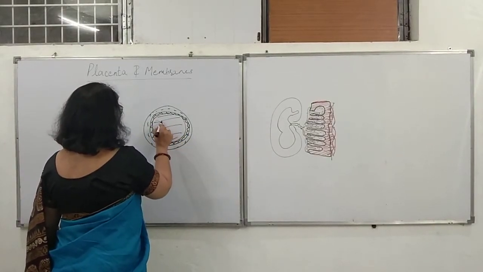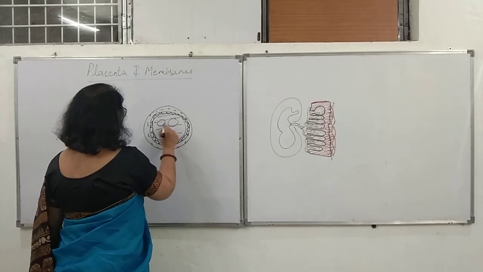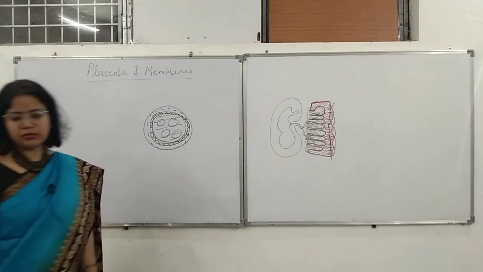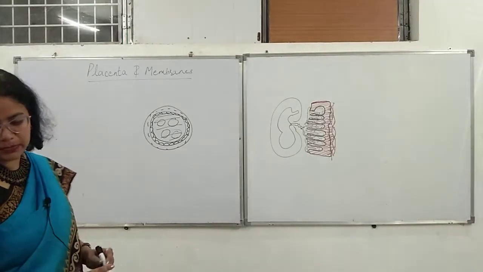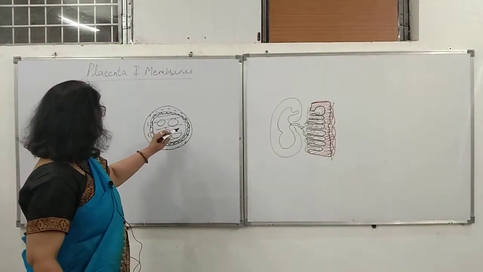This central stroma contains the blood vessels. Also there are phagocytic cells present in this central stroma.